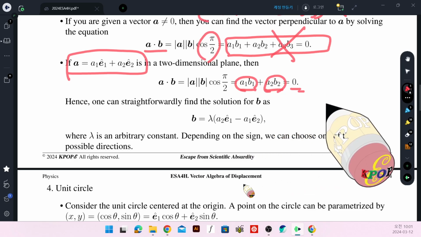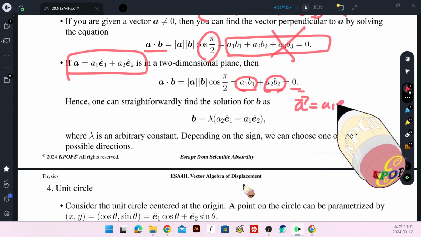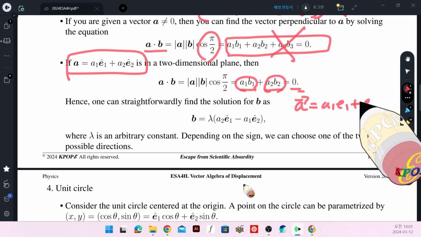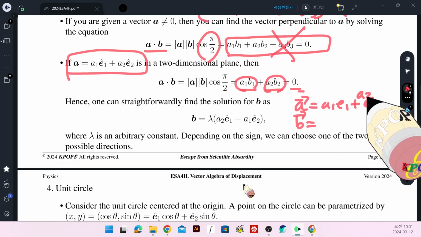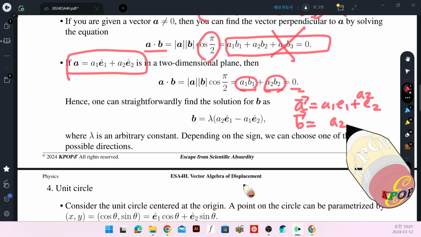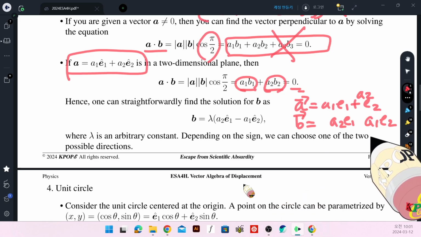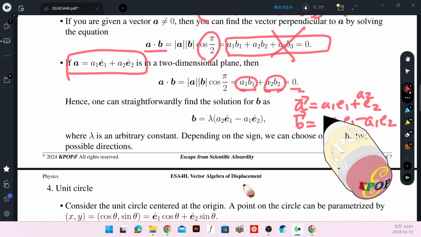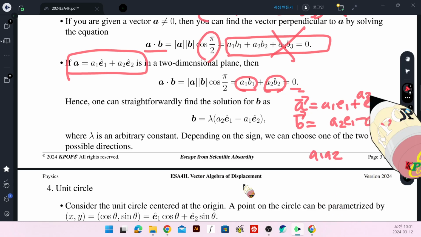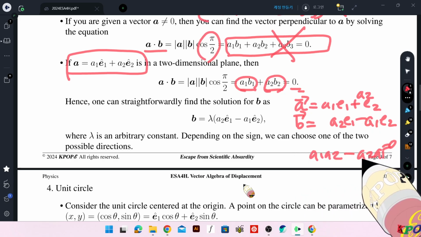So if I have vector A equals A1 E1 plus A2 E2, then I can choose a vector by exchanging the x and y components and then flipping the sign of one of them, for example attaching a negative sign. The scalar product will give A1 A2 minus A2 A1, so that vanishes.